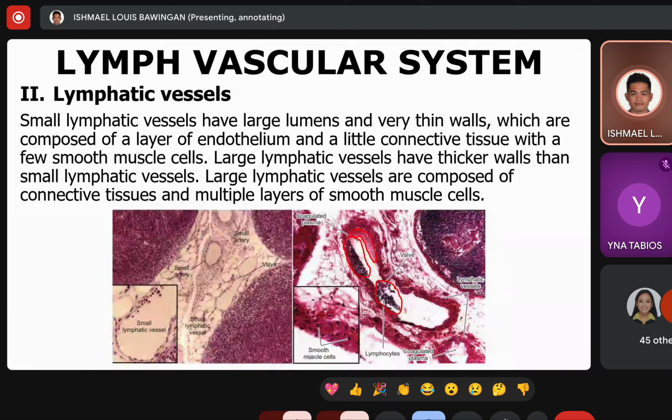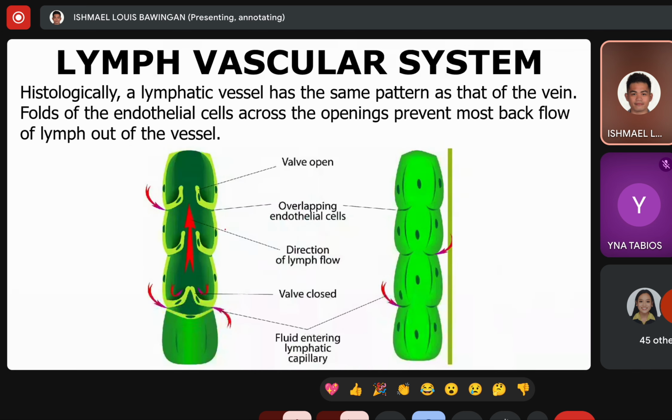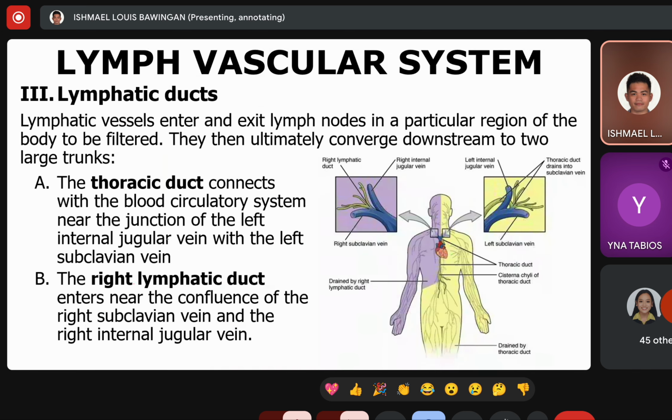Lymphocytes are agranulocyte leukocytes, your immune cells, which are produced in the bone marrow and develop in the thymus and in the lymphoid organs. More on that in the lecture.